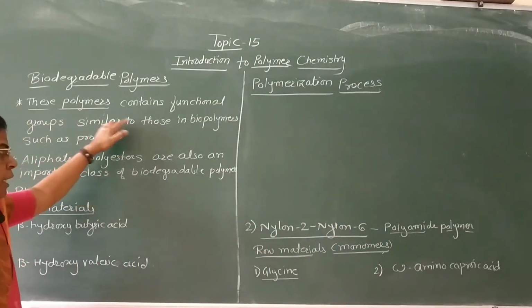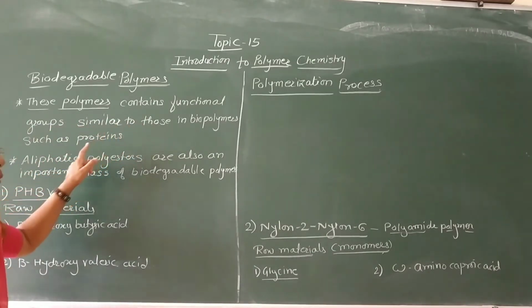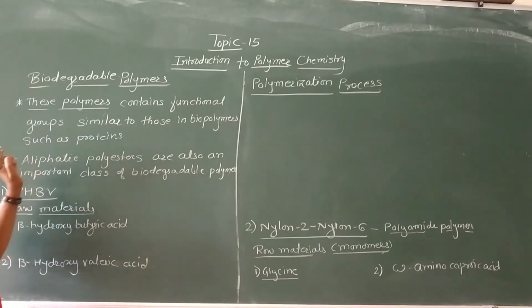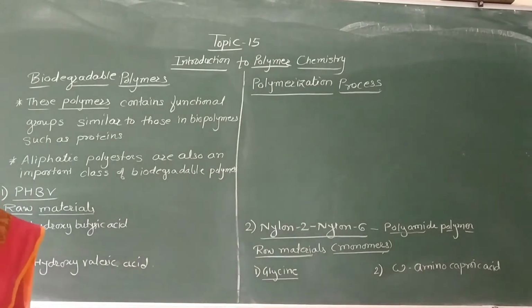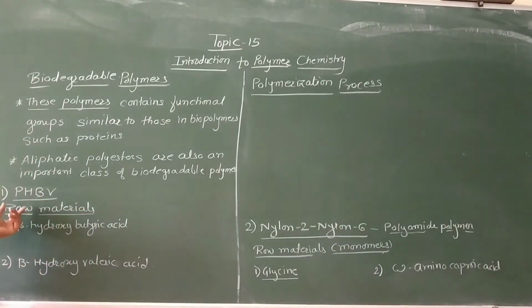These polymers contain functional groups similar to those in biopolymers such as proteins or carbohydrates, etc. Aliphatic polyesters are also an important class of biodegradable polymers. Now, here we are going to prepare these biodegradable polymers, in which the first polymer is PHBV.